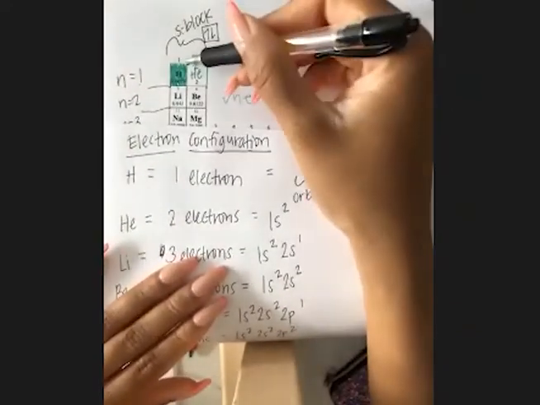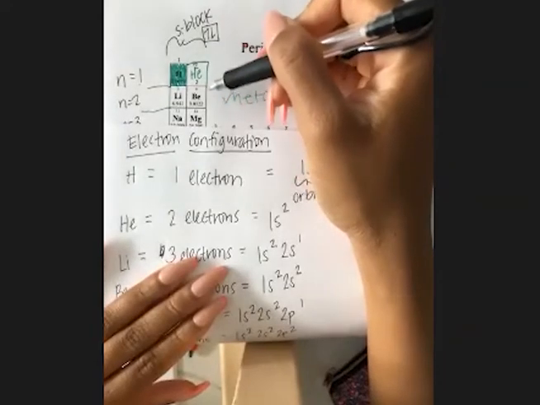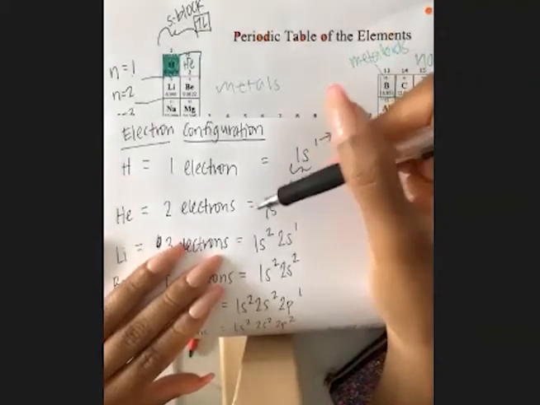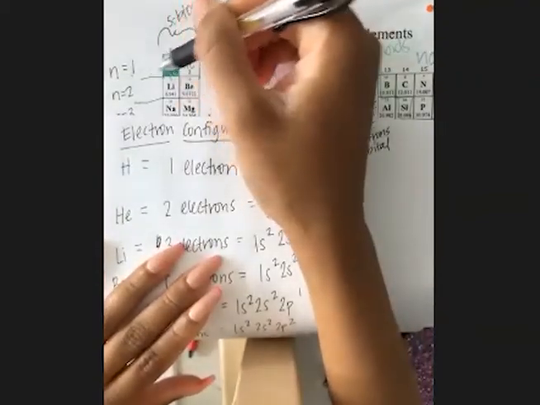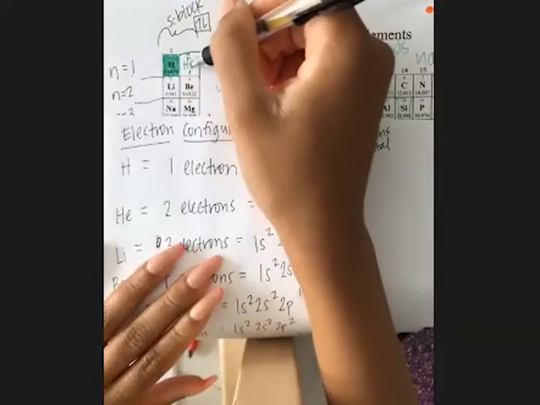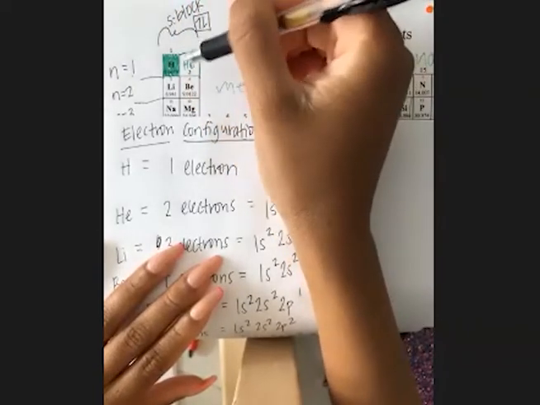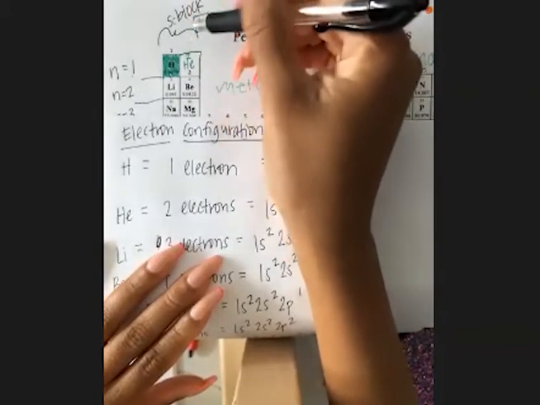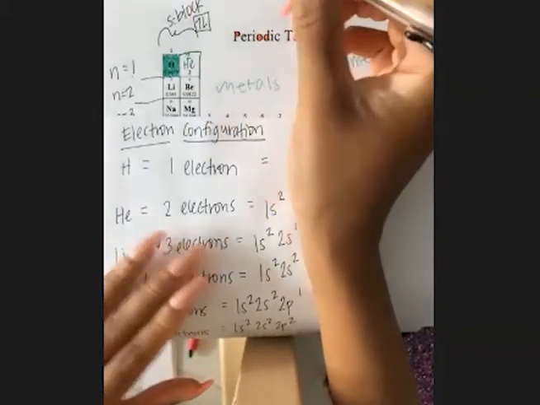When we get to helium, we're saying helium is also in the S block, and with it being in the S block, it is still in energy level 1, but we say now it's 1s2. So everything in column number 1 is gonna be S1, and everything in column number 2 is gonna be S2.